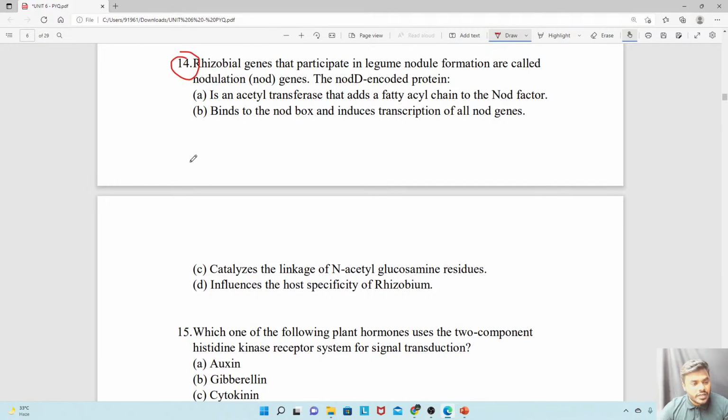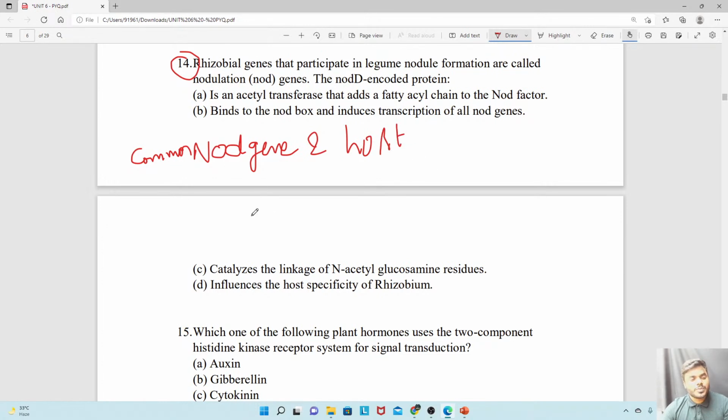Okay, so friends, we all commonly know that there are two types of genes. One we can call the common nod genes and the other host specified nod genes. Correct? And I told all of you, if the common nod genes and host specified nod genes want to be activated, we require one very important gene.